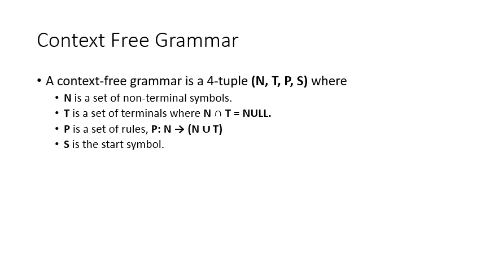On the left hand side you will have a single non-terminal symbol, and on the right hand side you can have a string of both terminals and non-terminals. And out of the set of non-terminal symbols, one symbol will be denoted as the start symbol. All derivations will start from this symbol S.